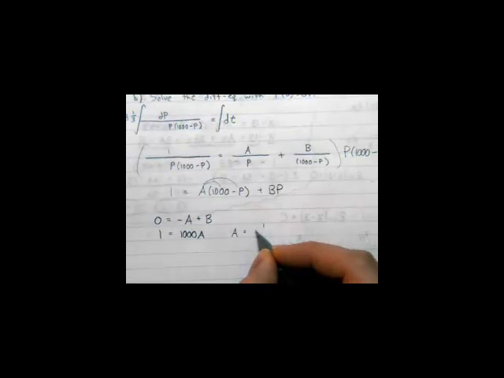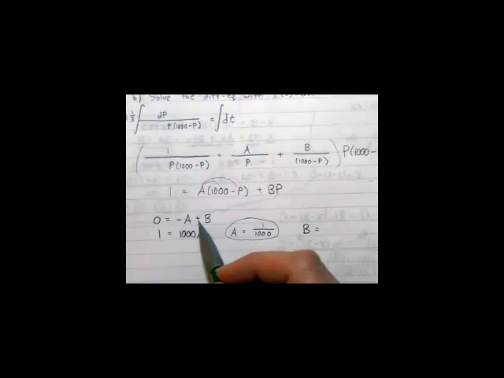So this one is actually pretty easy to solve once we got that all put together, because look, here's a, right? 1 equals 1,000 times a, so what is the a? It's 1 over 1,000, right? Okay, it's a little bit of an ugly number, but it works.